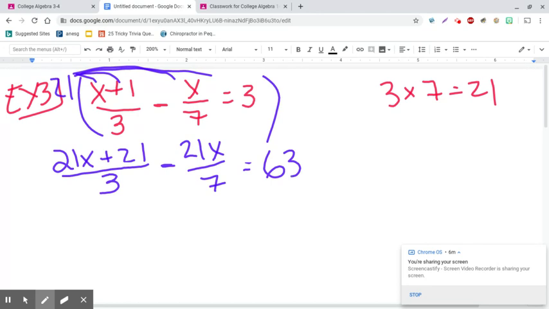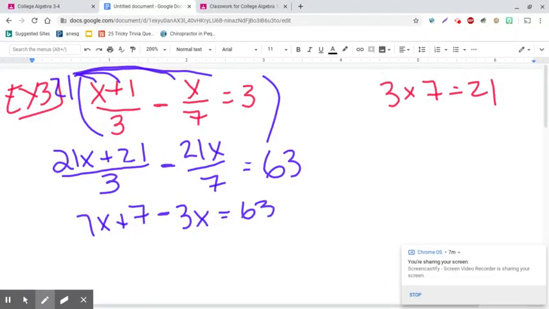Now we're going to divide out. 21x divided by 3, starting right here, gives us 7x, plus 21 divided by 3 gives us 7, minus 21 divided by 7 is 3x, is going to equal 63.